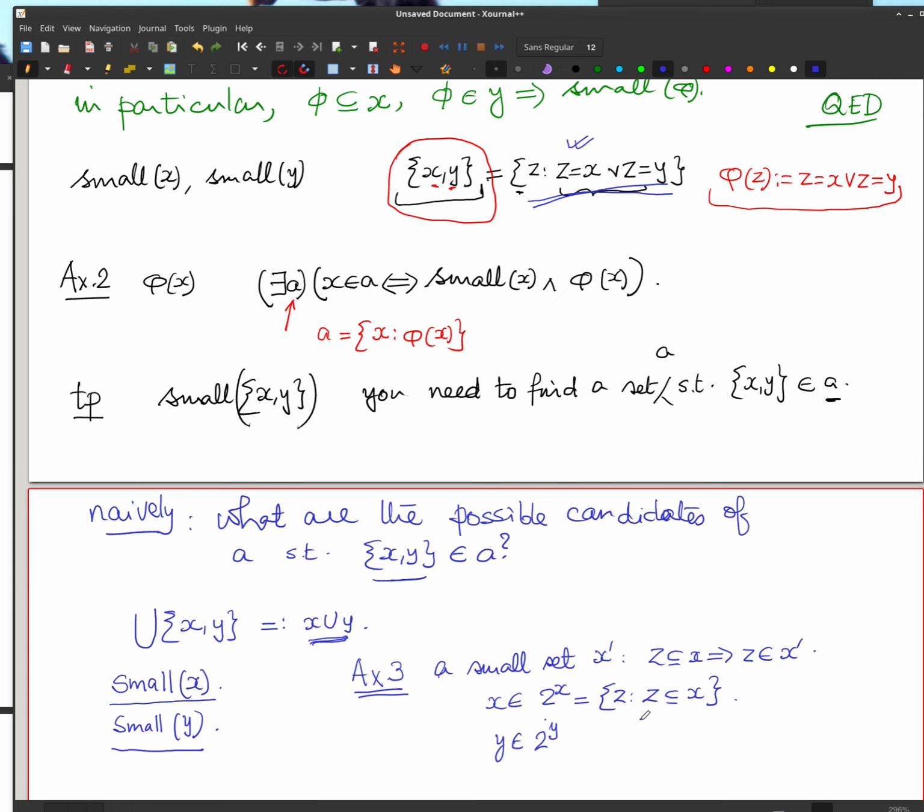So now I have obtained two sets wherein I have brought in x and y. Now think, how can I bring in this? From the notes, it reads that the power set that we build is a small set.